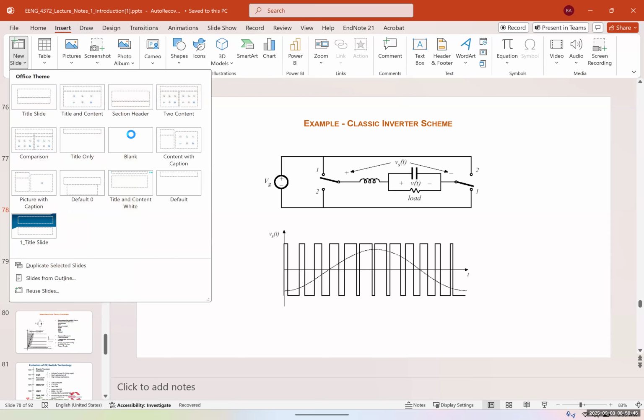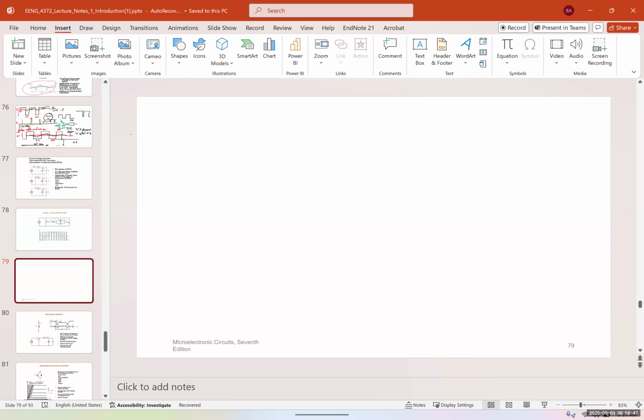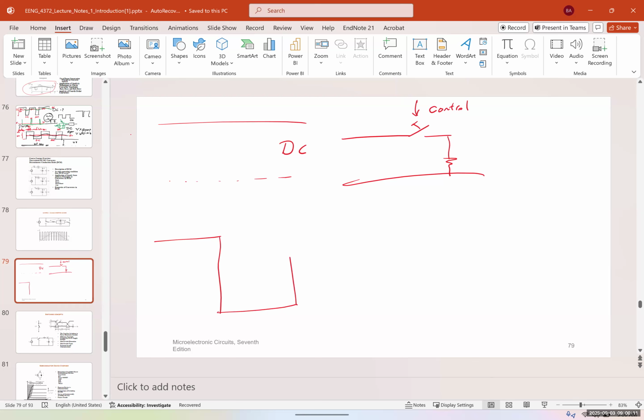So one example of a DC to AC is, for example, if I have a DC in the input and I can connect that simply to a switch, and I can have a load, and I can have control over this switch. And by simply turning on and off this switch, I can create a basic AC signal.